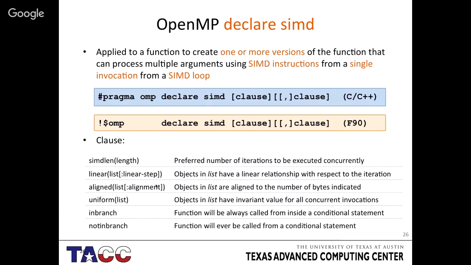And so the idea here is that if you have a loop that should be SIMDized or can be SIMDized, in the code itself, you specify that it's SIMD, and then wherever that function is that's being used in that loop, you annotate it, or what they say, decorate it with a declare SIMD, and give information to the compiler that if you know that the values are going to be incremented linearly, and they're aligned, or they're uniform or constant, that tells the compiler it can use those for optimizing the functions, and whether it's in a branch or it's not in a branch.